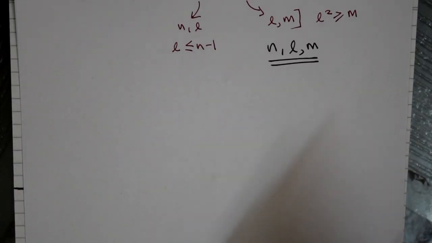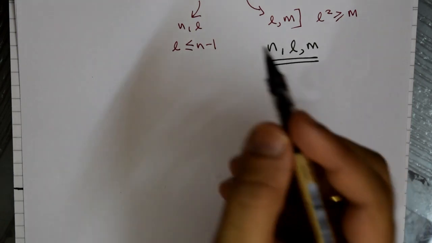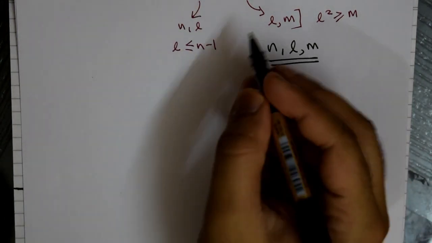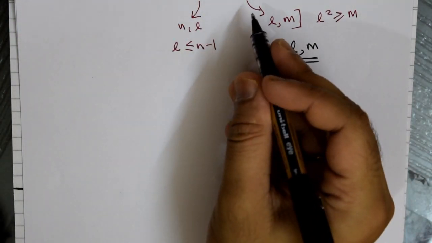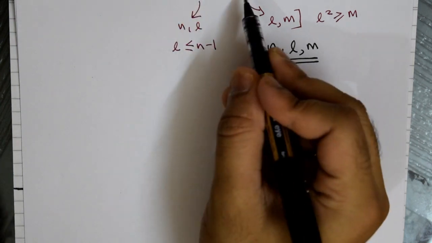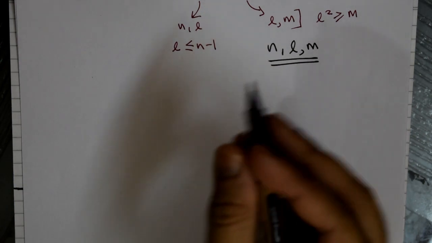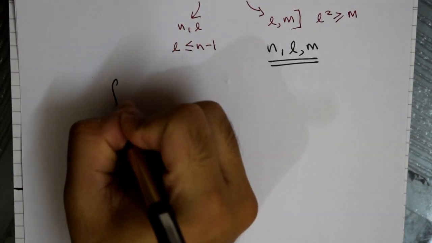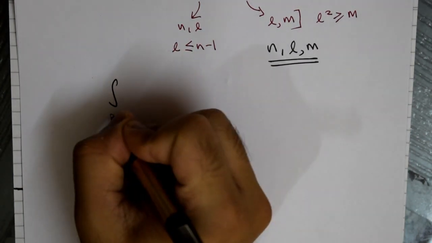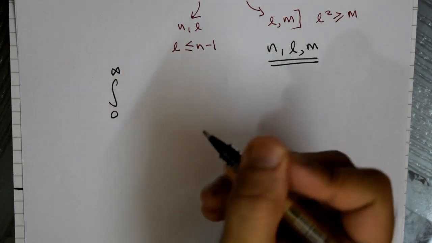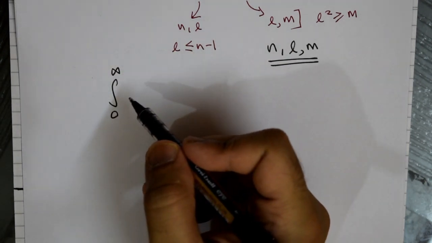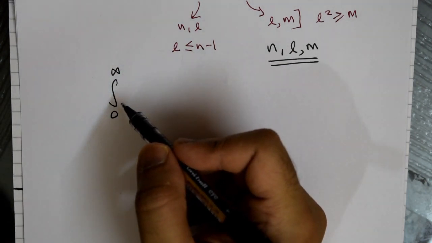Let's say we just want to regard ourselves with the radial part. We can always dissociate the radial and the angular part so that we understand each one of them separately, and put together we'll be able to enhance our understanding. So in case of the radial part, if you want to integrate over the full space in order to normalize it, you need to normalize between 0 and infinity. As I said, unlike the rigid rotor problem where the r is fixed, in this case the r can go from the nucleus until infinity.